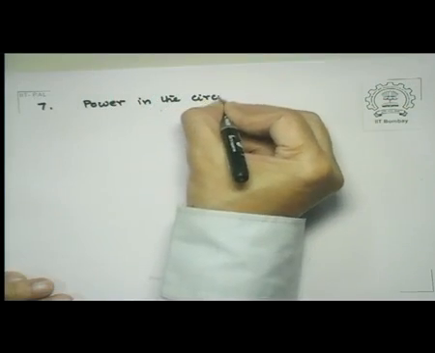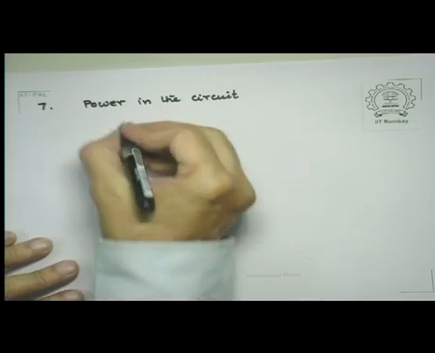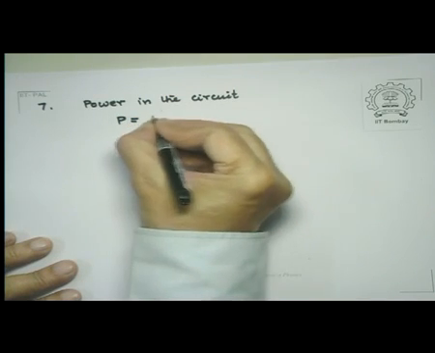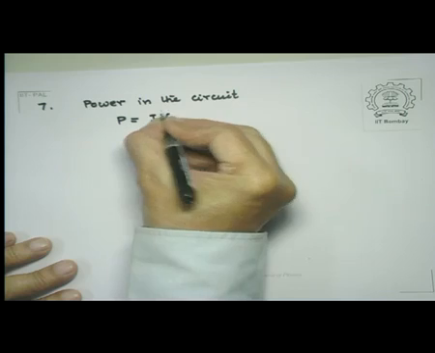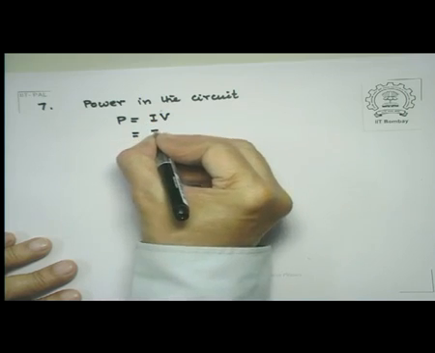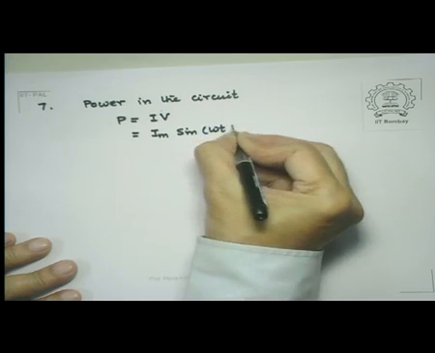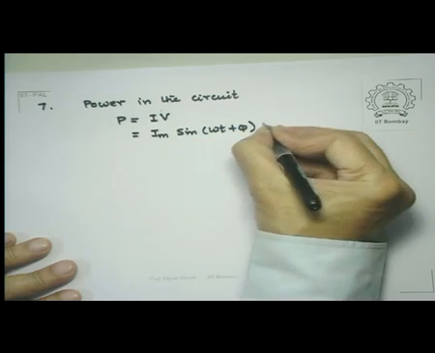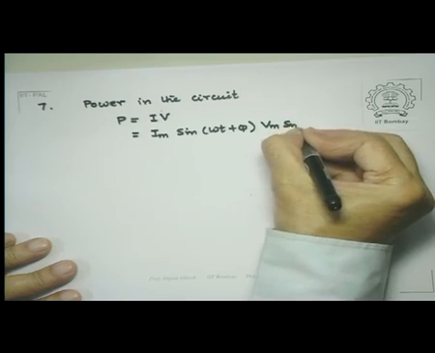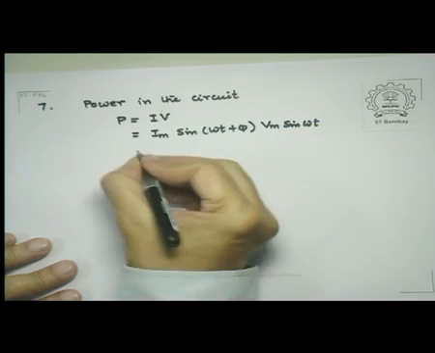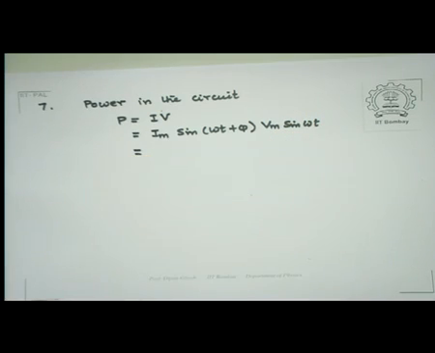The power in the circuit, which is given by I times V, is equal to Im sin(omega t plus phi) into Vm sin omega t, and on expanding sin(omega t plus phi), we get two terms.